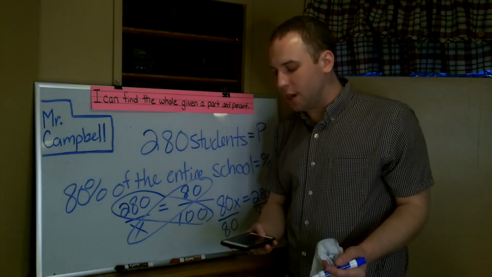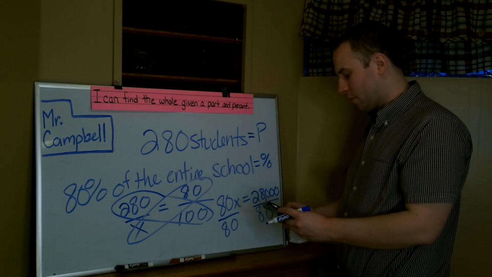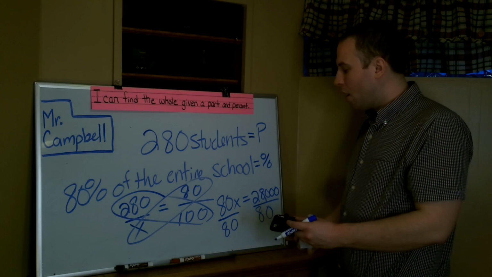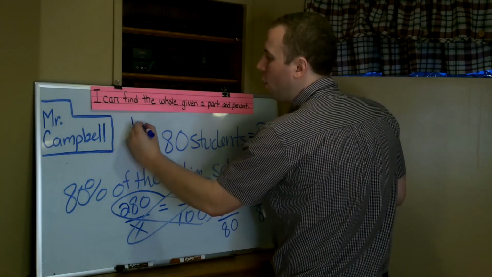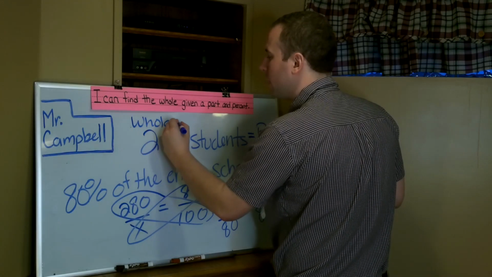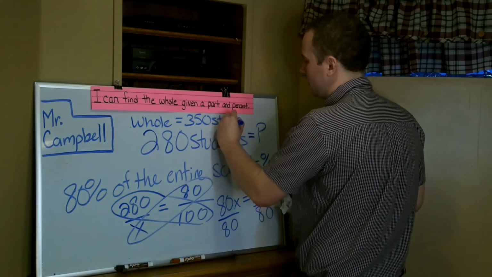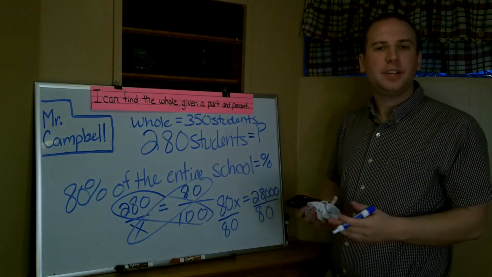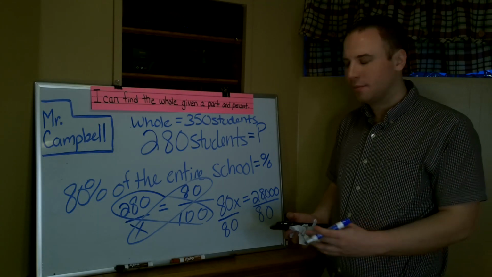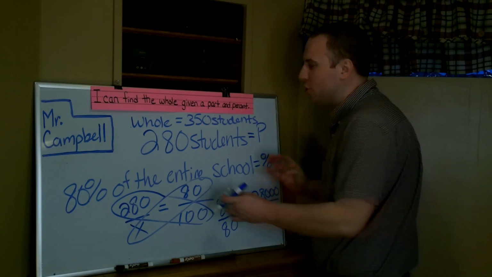In doing so, that will give us the answer of our whole equaling 350 students. So our entire school population is 350 students. Excellent. Let's go ahead and look at another example, shall we?